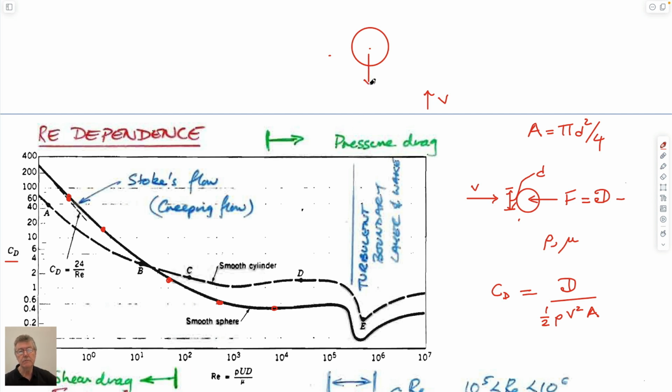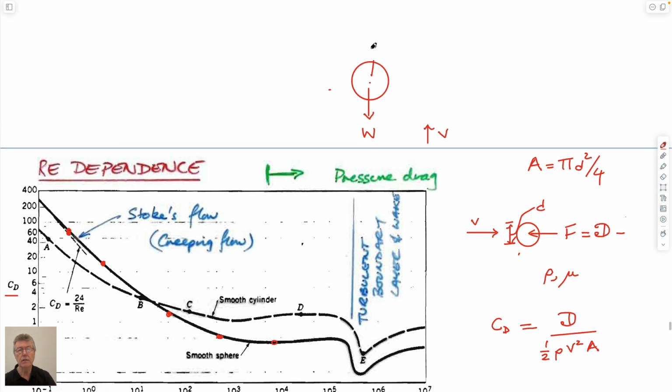And then you have a weight of a structure, you have a drag force acting upwards, you have a buoyant force equals the volume of the sphere multiplied by the density of whatever the fluid is that you're displacing, because this is solid.